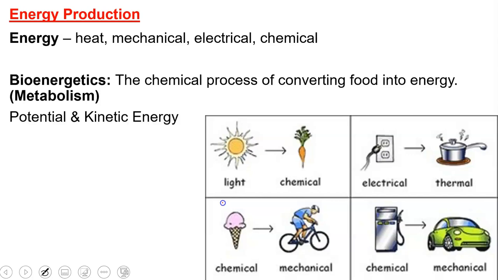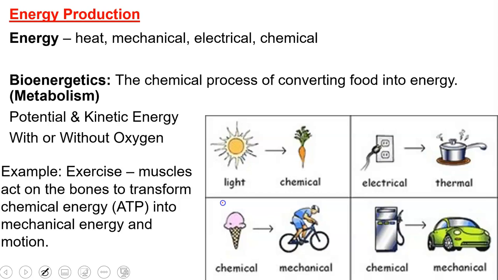Again, we still have potential and kinetic energy. It's just going to be in the form of macromolecules and chemical bonds. Again, it can happen with or without oxygen. So some examples of how we can produce energy and use it in different forms would be exercise.